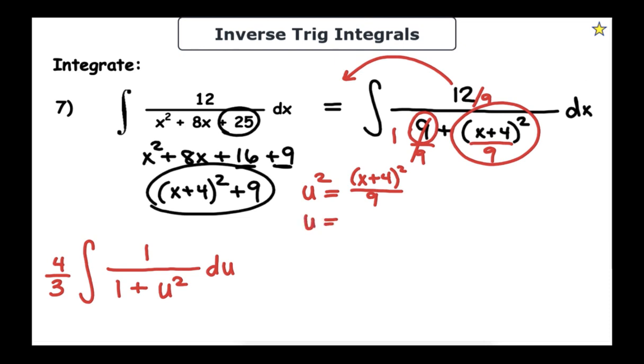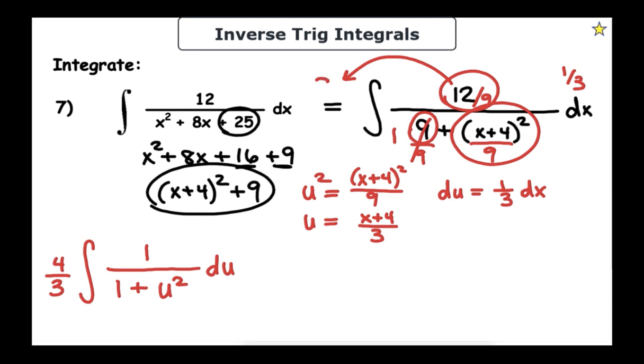So u is going to be x plus 4 over 3, or 1/3 quantity x plus 4 if you prefer. And so du, let's come over here, is just going to be 1/3 dx. So the 12/9 was already kicked out. I need a 1/3 on the dx.